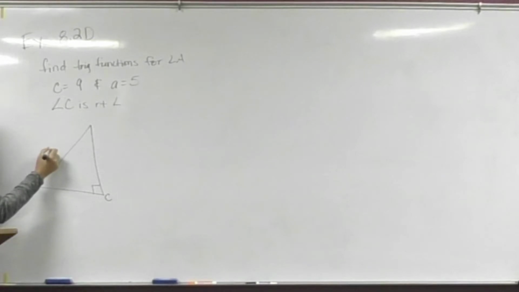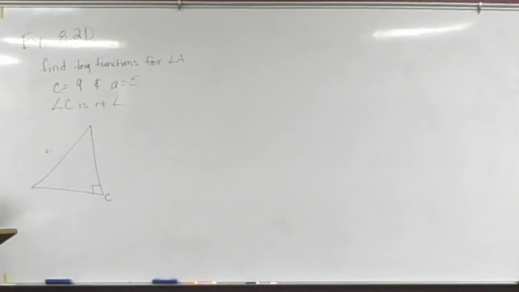That's this guy. This is my little c. So remember, your angles have to be named by a capital letter. Your sides have to be named by lowercase letters, just like when you use the Pythagorean theorem. Those are all lowercase letters. It is important whether you use lowercase or capital.